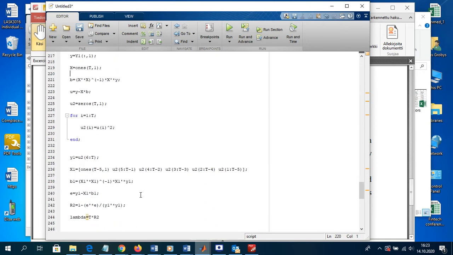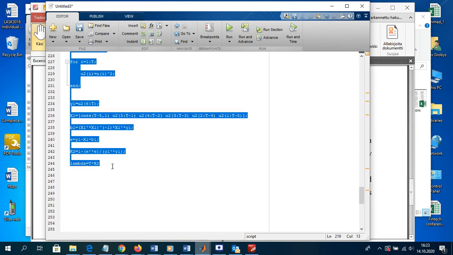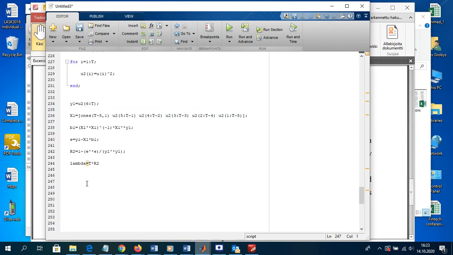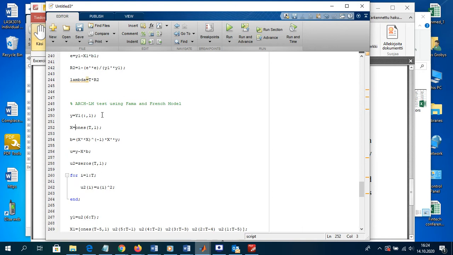So what we can do is, let's just copy everything. Or we can maybe just change the code, but let's just copy everything, it doesn't matter. RGLM test using Fama-French model. Okay, so let's copy it here. So what we have to change is now our matrix here.